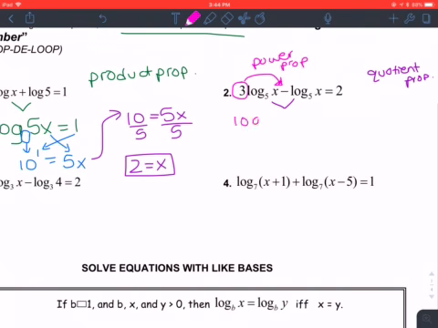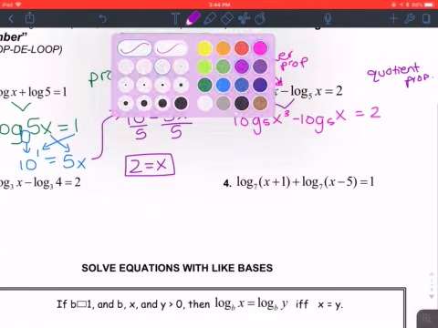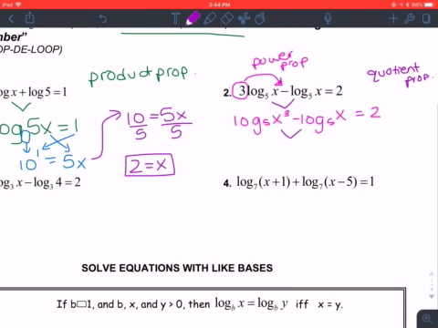So we have log base 5 of x cubed minus log base 5 of x is equal to 2. Then I combine these with the quotient property. We get log base 5 of x cubed divided by x equals 2.